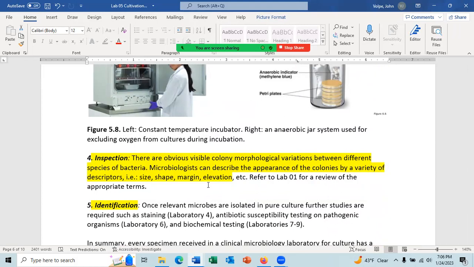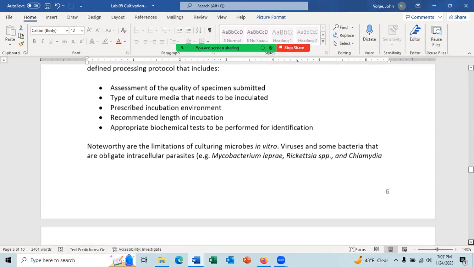That will not be enough, though, to identify the bacteria species. So you then have to go to step 5, identification, where you run specific tests to get the results from that test to determine what the bacteria species is. And you will do that when you're doing your unknown project.